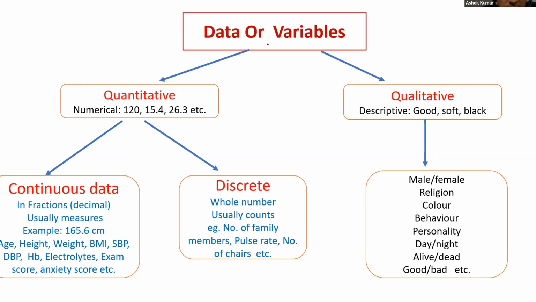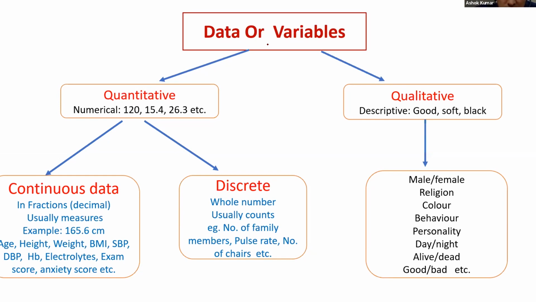And when we talk about quantitative data further, there are two types, continuous data and discrete data. Continuous data has fractions or decimals. And if we cannot give any fractions, we have to present that data in whole numbers.